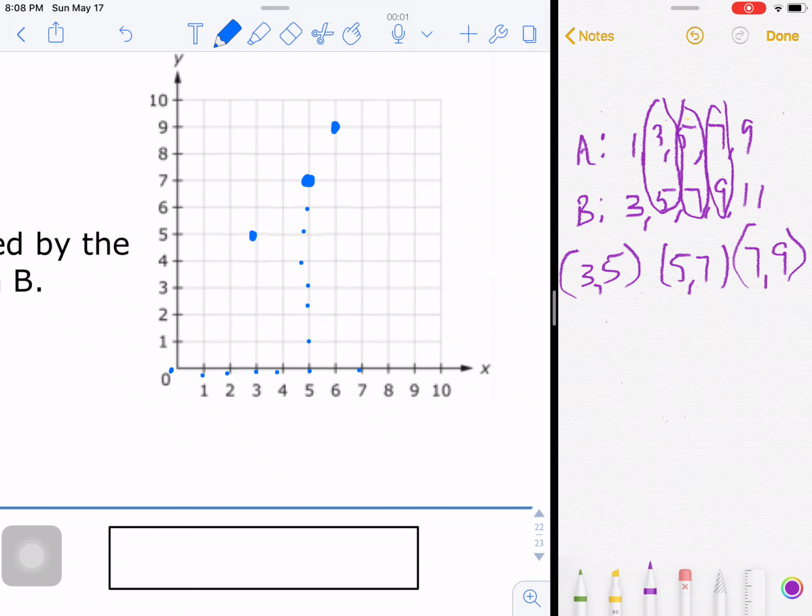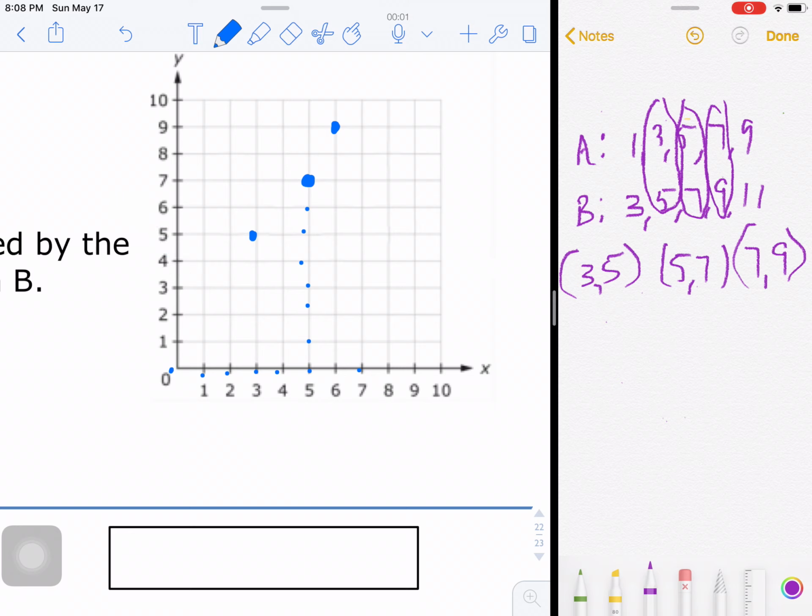And notice these are all on... if I was to draw a line, oops. They should all be on the same line, but the problem is I started my line in the wrong spot, so let me redo that.